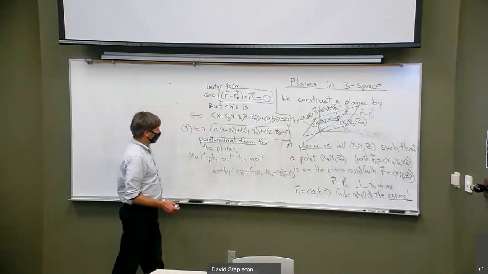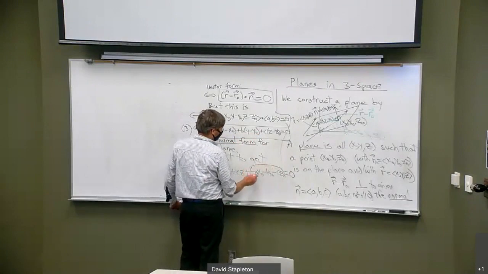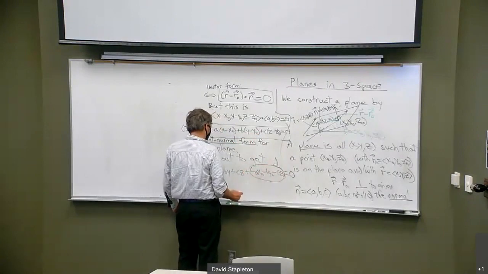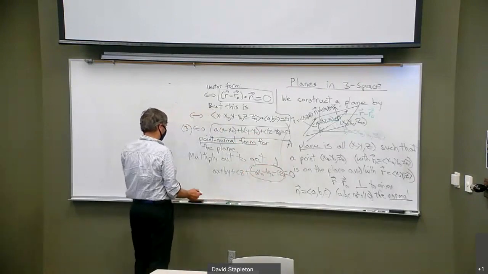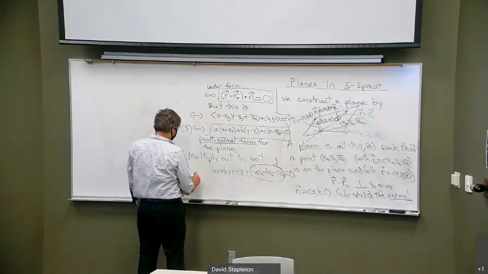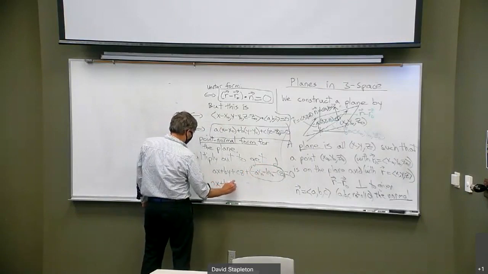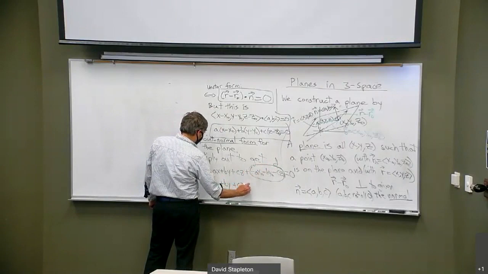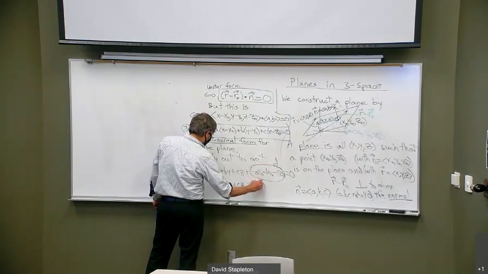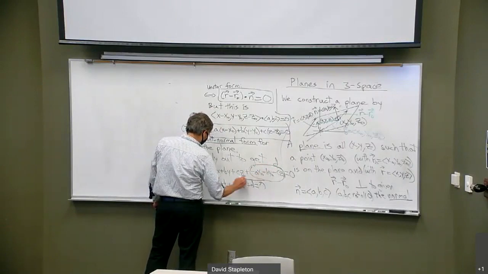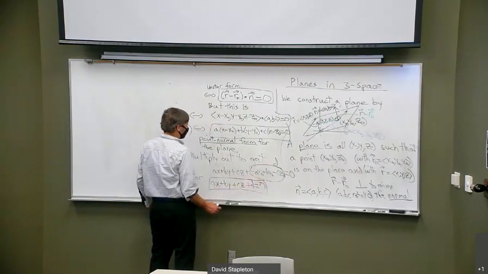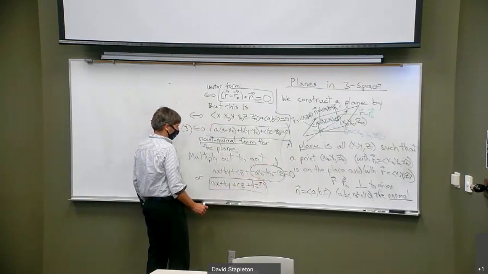And now this is just some number, let's call it D. We observe that Ax plus By plus Cz plus D equals 0 is the general form of the equation for a plane, where again, A, B, and C can't all be 0.